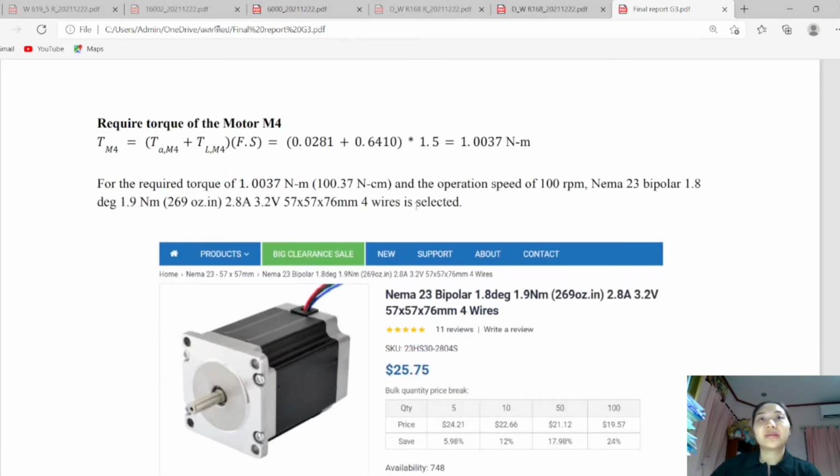And we use the same motor as the previous joint, NEMA 23. It has torque 1.9 Newton meter. So it's enough for this joint.